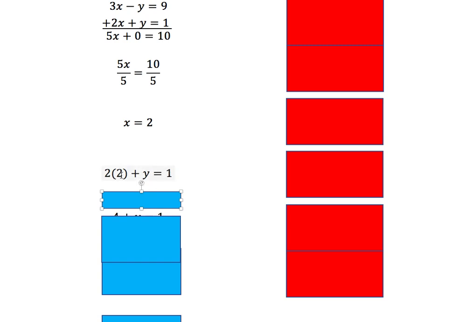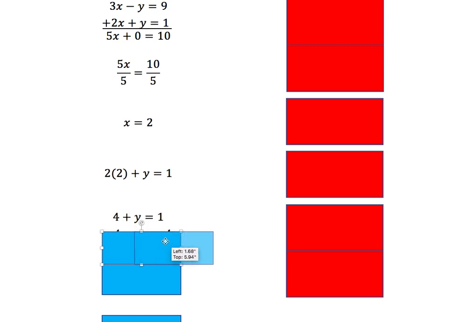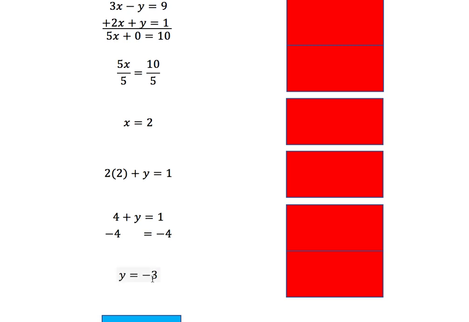So I plug in 2 for x, I get 2 times 2 plus y equals 1. 2 times 2 multiplies to get 4, and then I want to subtract 4 from each side of the equation. When I do that, I'm left with y is equal to -3.